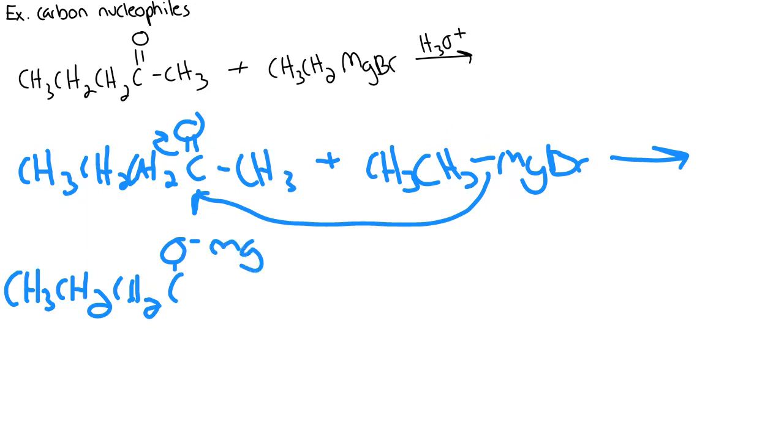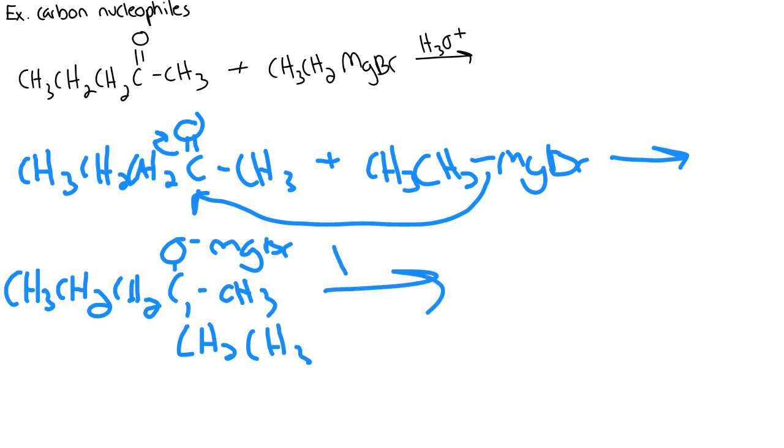Remember, the magnesium bromide will attach to that oxygen up there, and that ethyl group will attach to that carbon there. Now we just work up to get rid of those metals and protonate that oxygen up there.